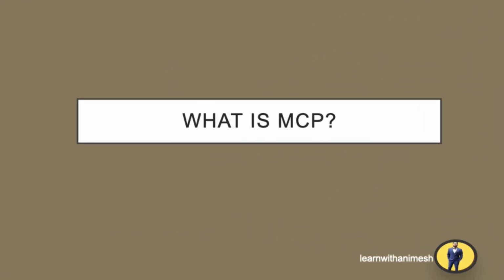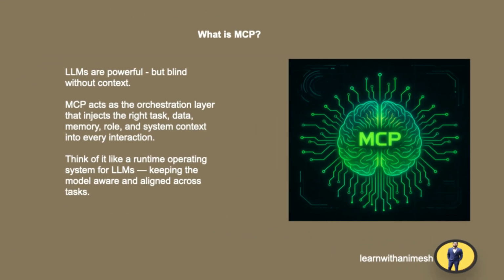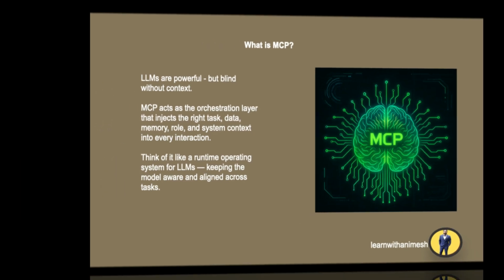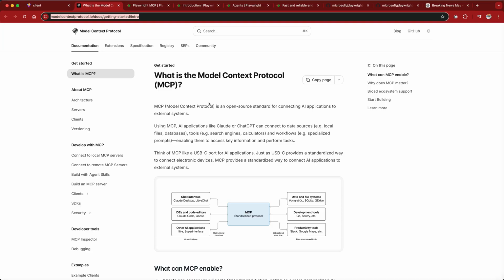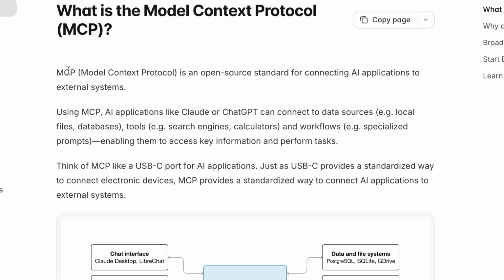Next, let's learn about what is an MCP. MCP stands for Model Context Protocol. LLM can only give you some responses like text or sometimes image generation responses. So if I go onto the internet, what is the Model Context Protocol or MCP? As per the official explanation, MCP is an open source standard for connecting AI applications to external systems.